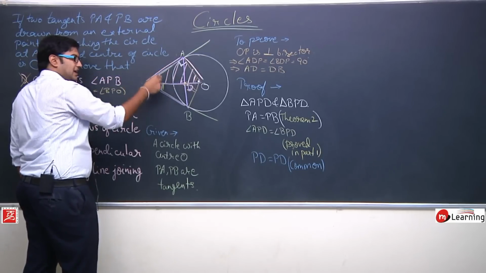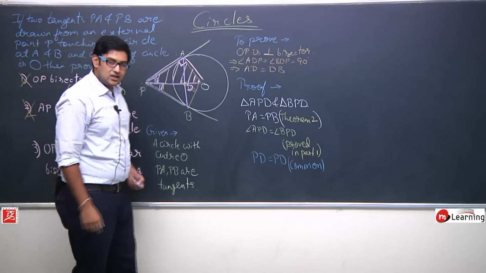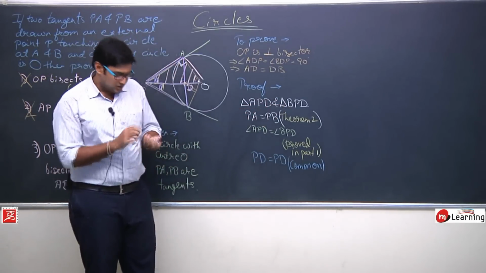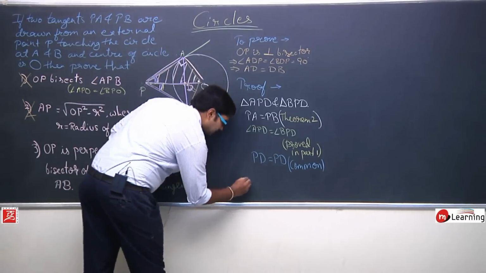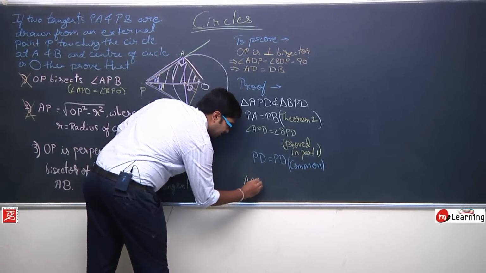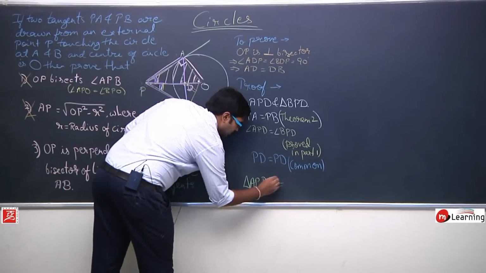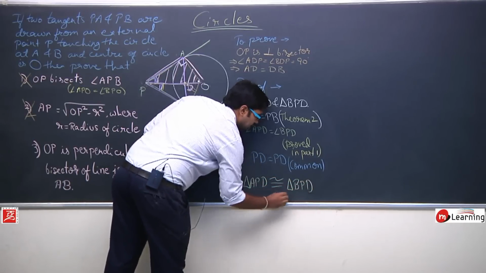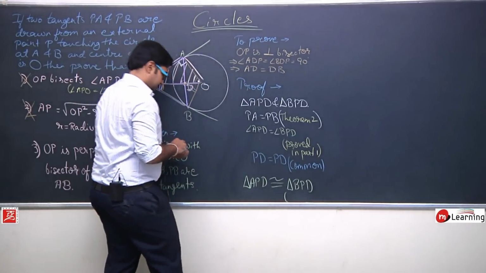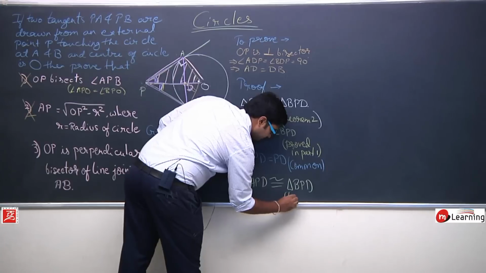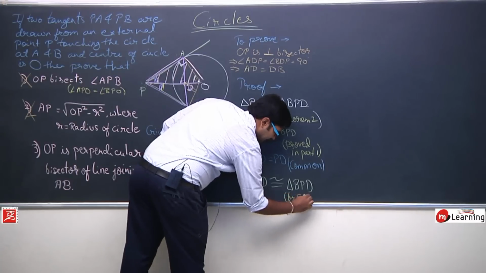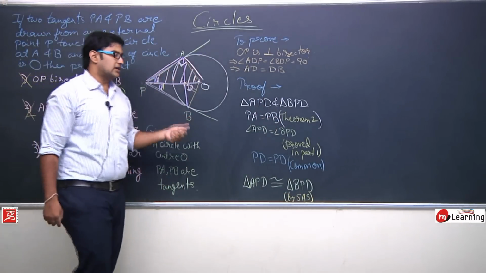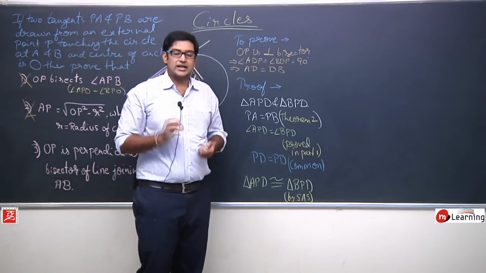So by side, angle, side criteria, I can say that these two triangles are congruent. So what I am going to write is triangle APD is congruent to triangle BPD by side, angle, side criteria. By SAS criteria, these two triangles are congruent triangles.